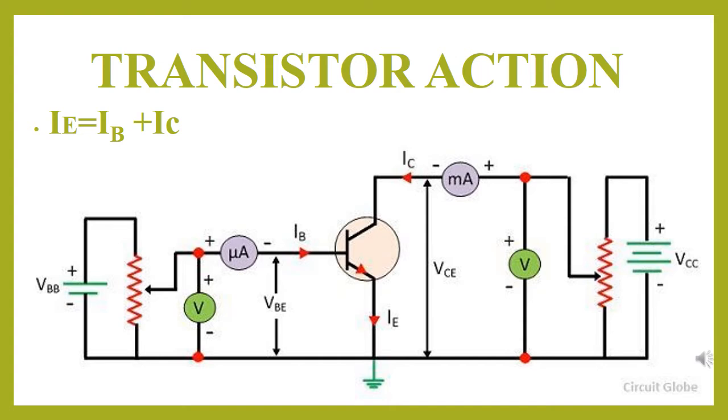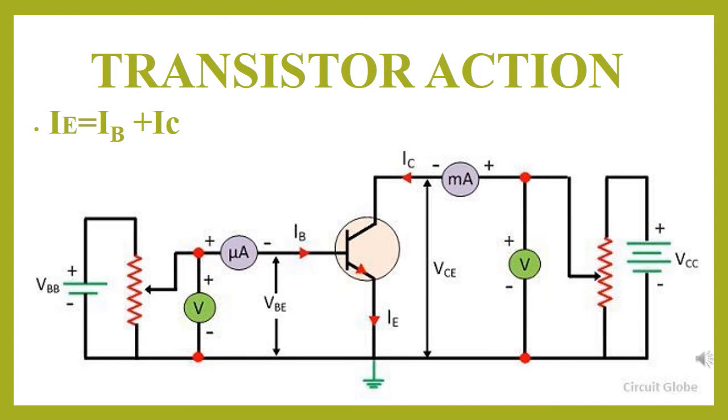Before that, when we study the action of the transistor, we will see it in terms of changes in voltage and changes in current. What do we call it? The graph is called a characteristics graph. In a transistor, there are two circuits, two sources of voltages, so we will make two graphs.